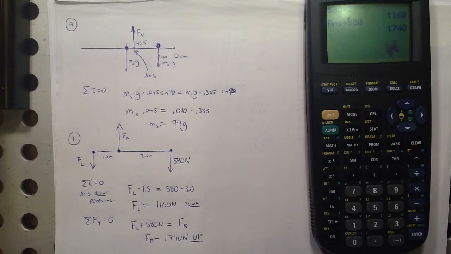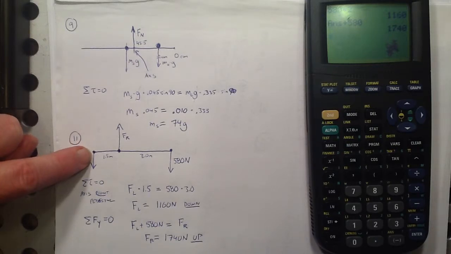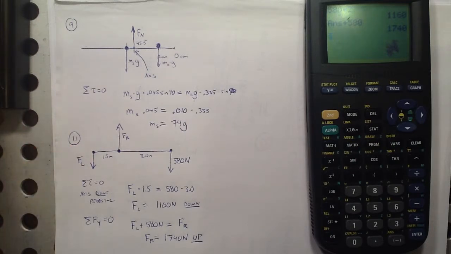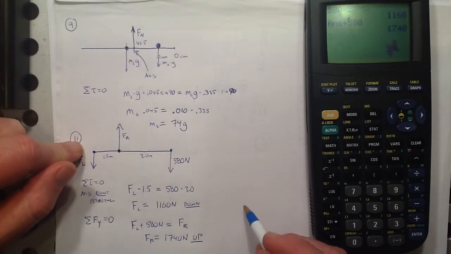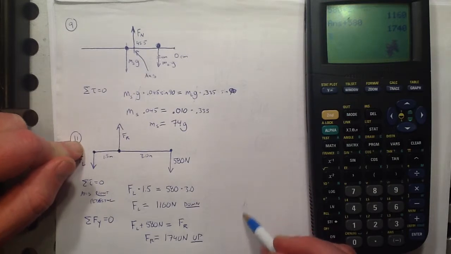And they said something about which one's getting stretched and which one's getting compressed. So this one, the force on the board from the pedestal is down. That means the pedestal would have to be pulling down. So if you imagine the pedestal is sort of attached to it, if the pedestal's pulling down on it, that means the board's pulling up on it by Newton's third law.